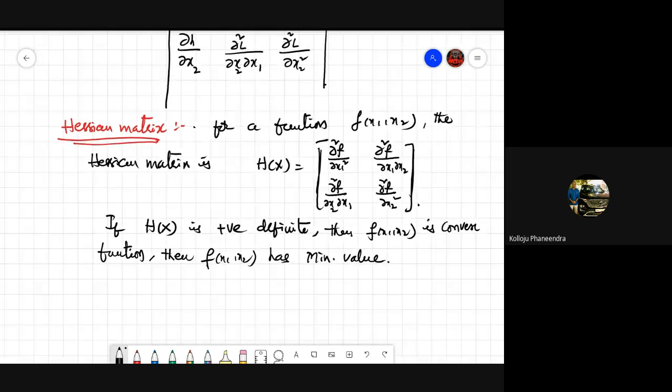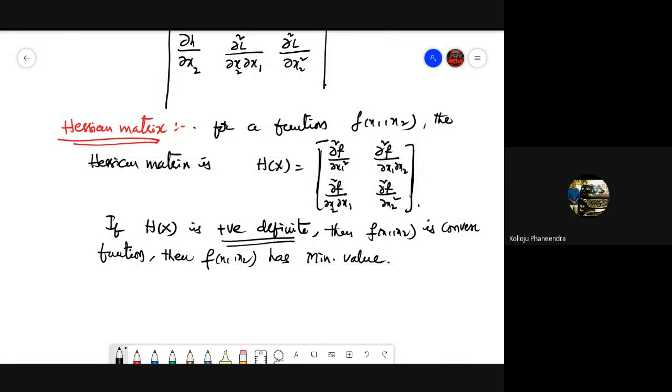And coming to positive definite, what is meant by positive definite? If all the principal minors are positive.